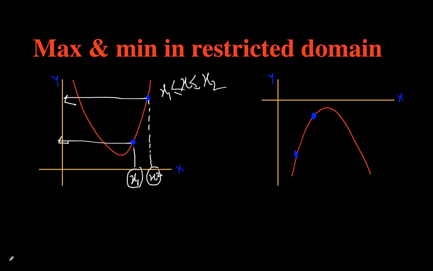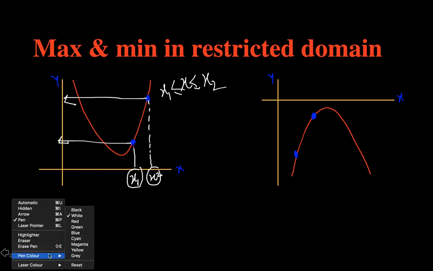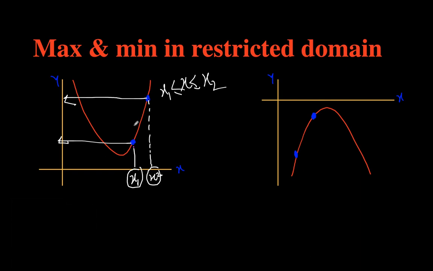Another concept is, if one of the points is here and another point is here, in that case your maximum will occur at this point, but the minimum is occurring at the vertex.